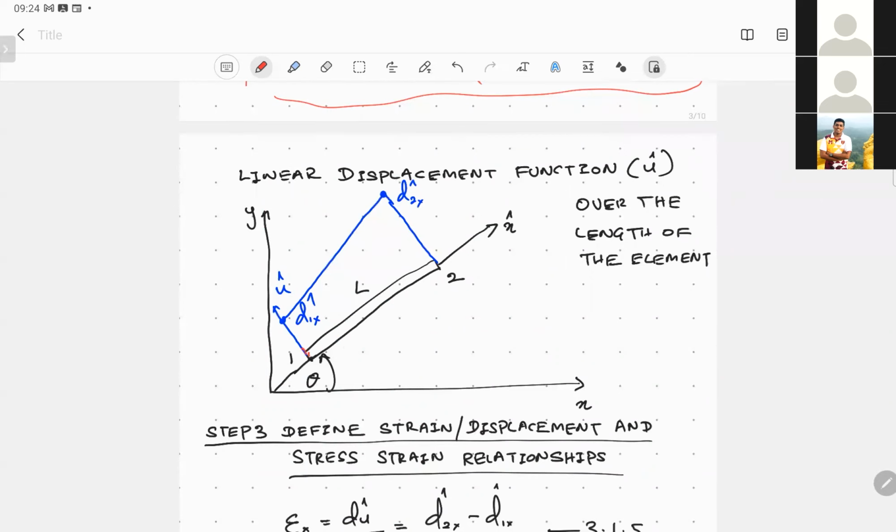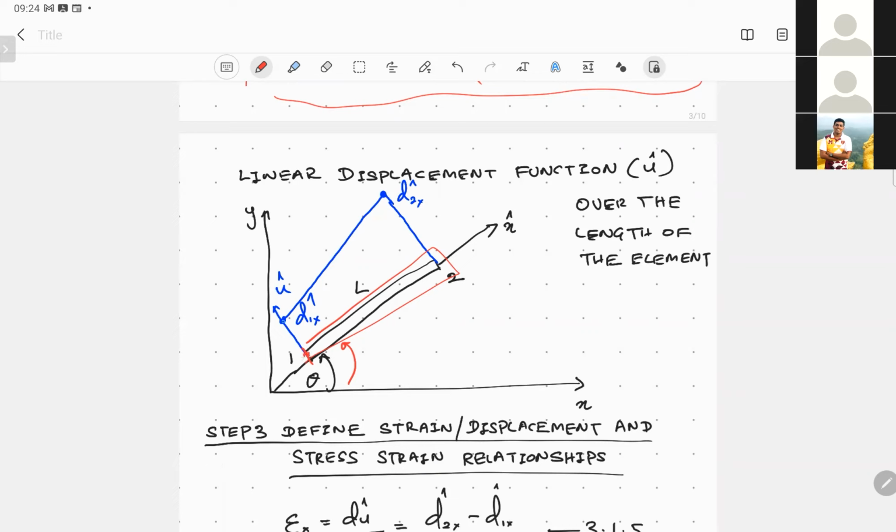So this is the bar element we consider, which is rotated by theta degrees with respect to the global coordinate system. So the local coordinate system is rotated by 30 degrees anticlockwise. And the displacement function, which describes the displacement within the domain of the bar element, is given by the u hat function.